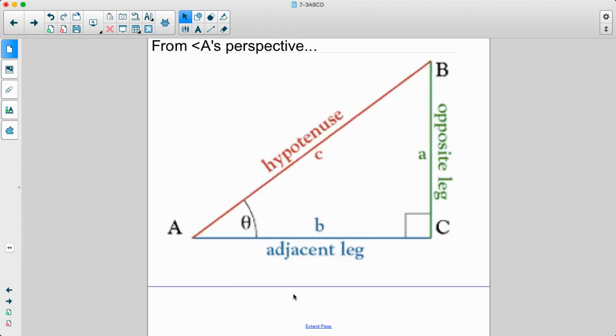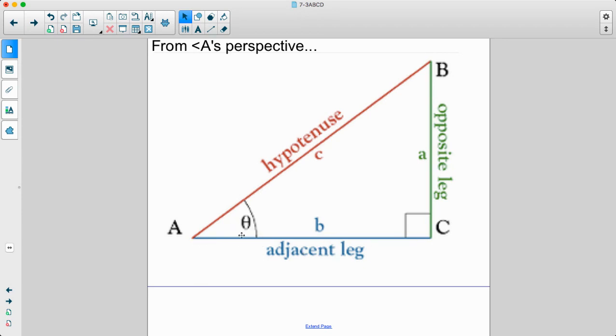So now the next thing I have to talk to you about is that for right triangle trigonometry, the angle whose perspective we're talking about in that moment is very important. So look at angle A. If you are angle A and you're sitting in this triangle and you're looking inside the triangle, notice that that leg is opposite you. You don't touch it. And this leg is adjacent to you, right next to you, touching you.